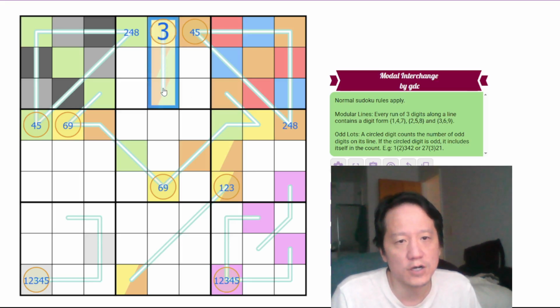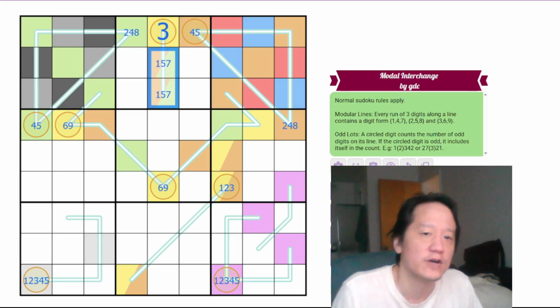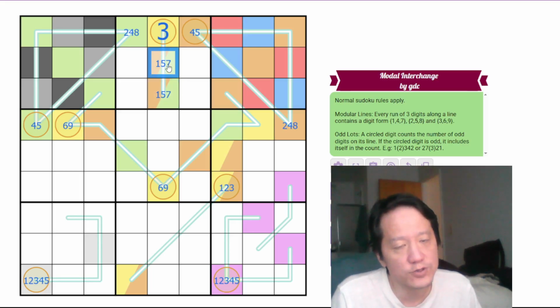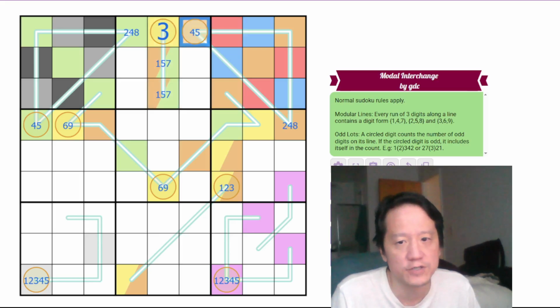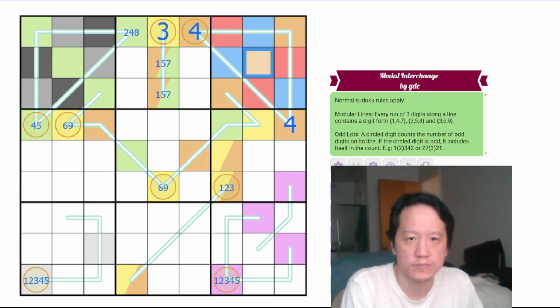So these are all odd. That can be 1, 7, and it has to be 5, because for the 2 modulo 3, the only odd digit is a 5. Therefore, this can't be 5. This is 4. So 4 must match with 4.